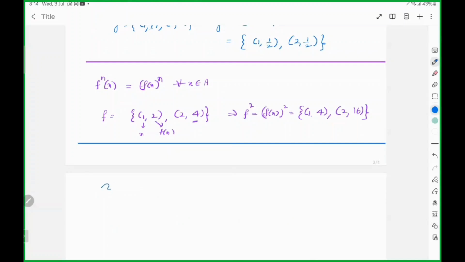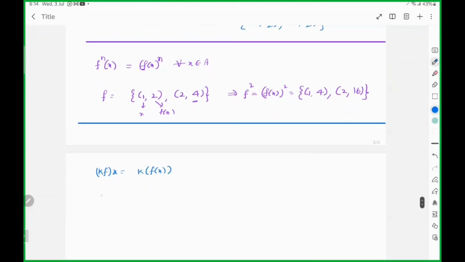Next operation, kf of x, which is k times f of x. It is nothing but multiplication of a function by a scalar quantity. Suppose f is defined as 1 comma 2, 2 comma 5.